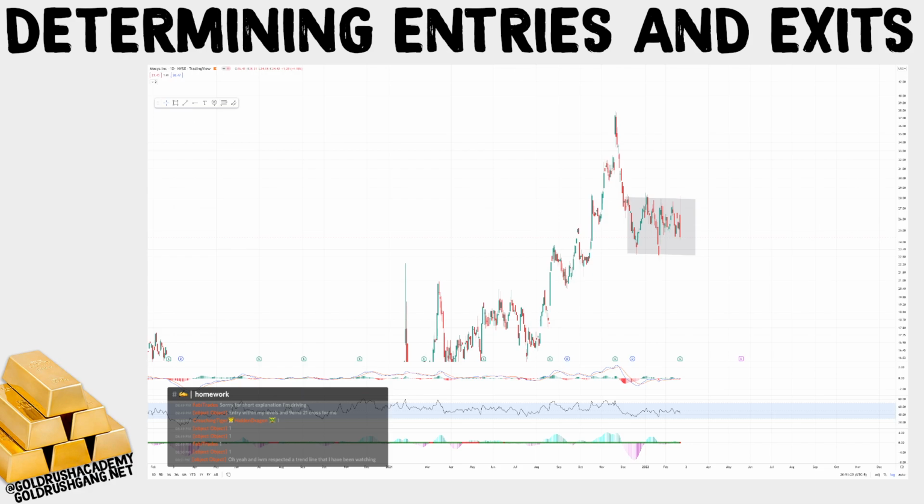I'm not gonna lie and say this never works, because we catch bounces all the time. We catch small bounces within downtrends and small pullbacks within uptrends all the time. But you can't bank on it 100% of the time, right? We want something that's proven, that's consistent, something where you can say, here's my setup, it's worked for me 10 times in the past, I'm gonna take it.